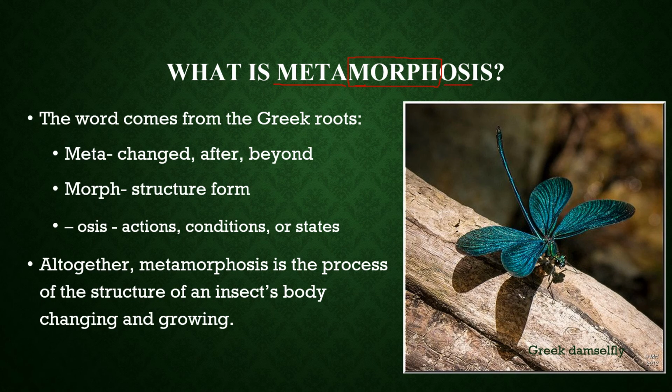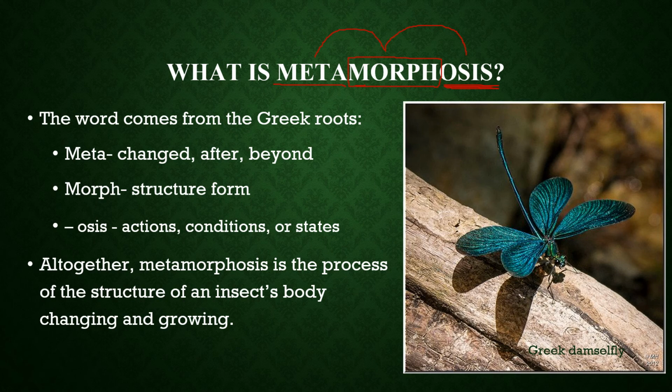Then we have the suffix osis, O-S-I-S. This is actually a suffix that we see quite frequently in science, and it means actions, conditions, or states. So if we translate this literally, it's change in the form and then the state of that change.